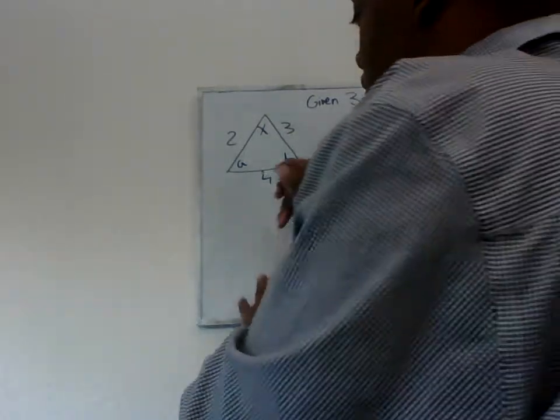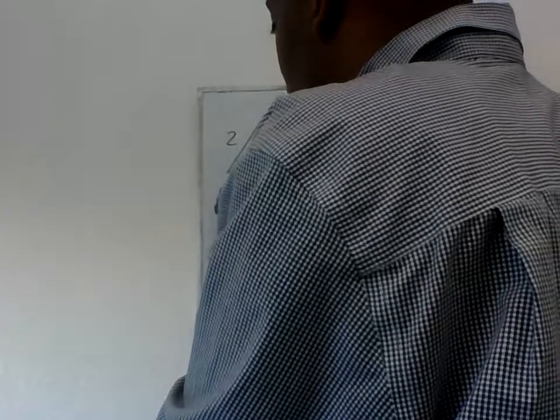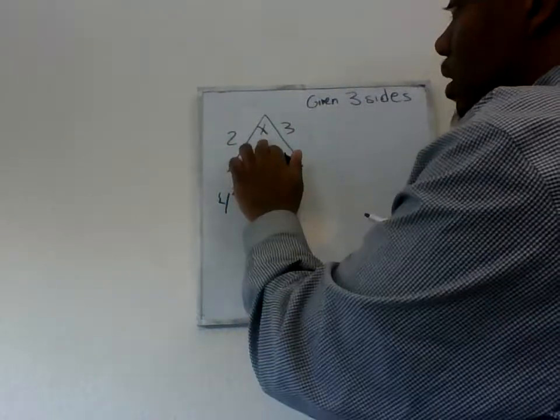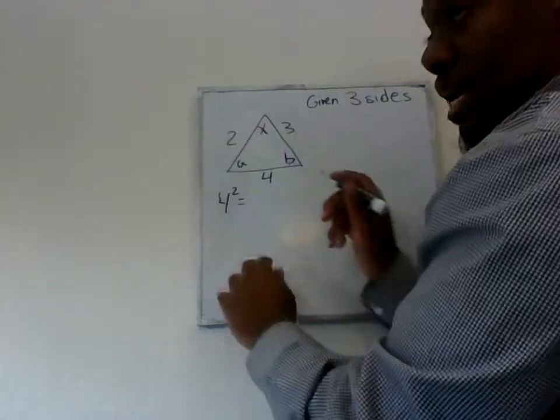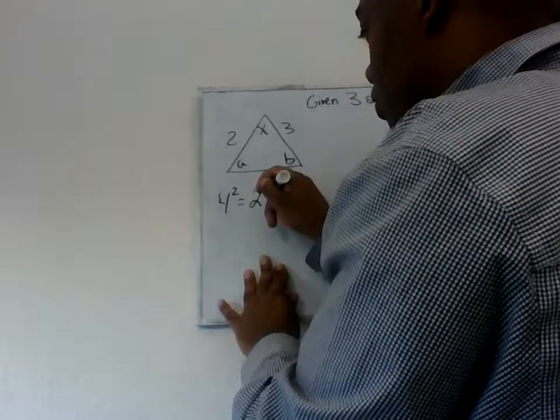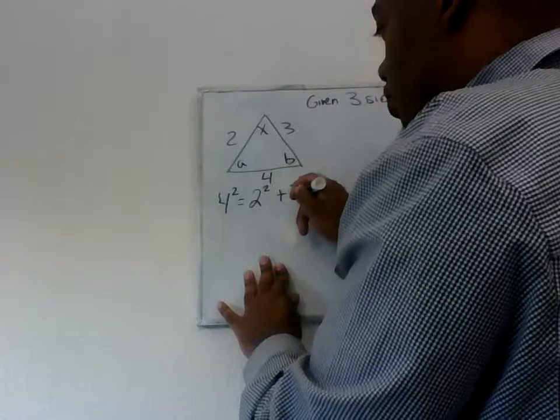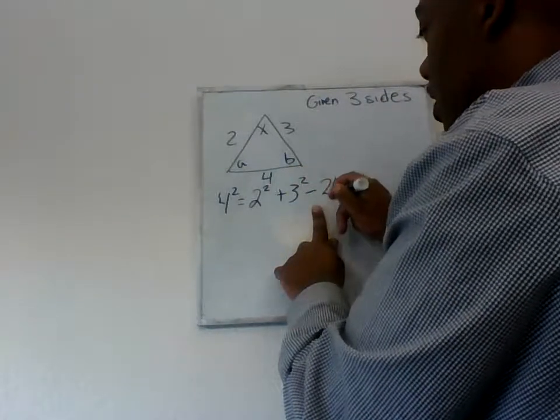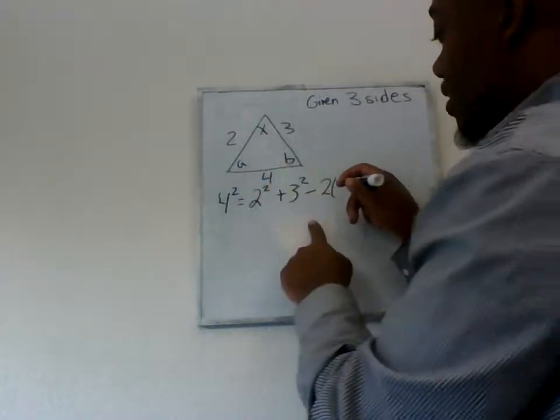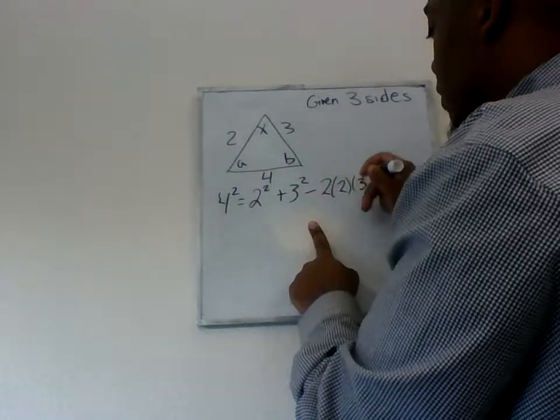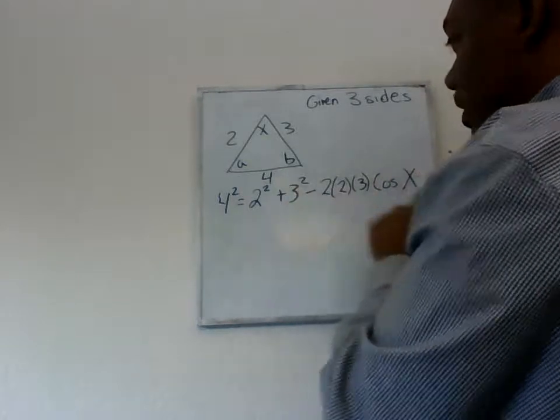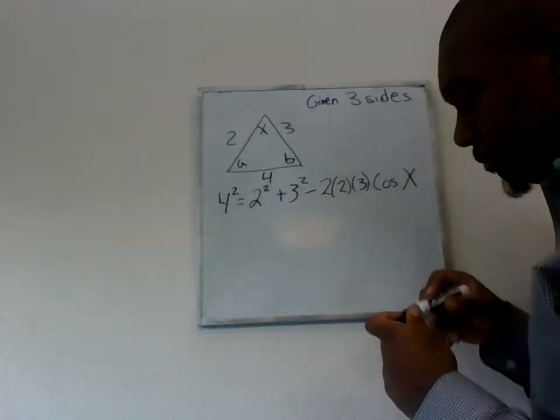So we would start off with 4 squared being equal to the two sides that make X: 2 squared plus 3 squared minus 2 times 2 times 3, cosine of, in this case, X, because that's the angle we're looking for.